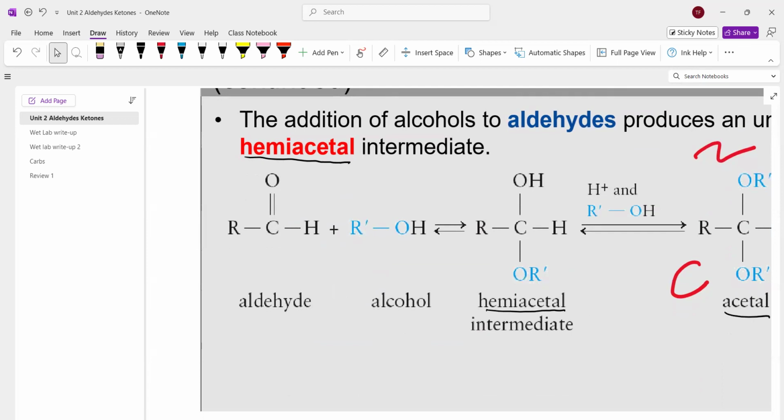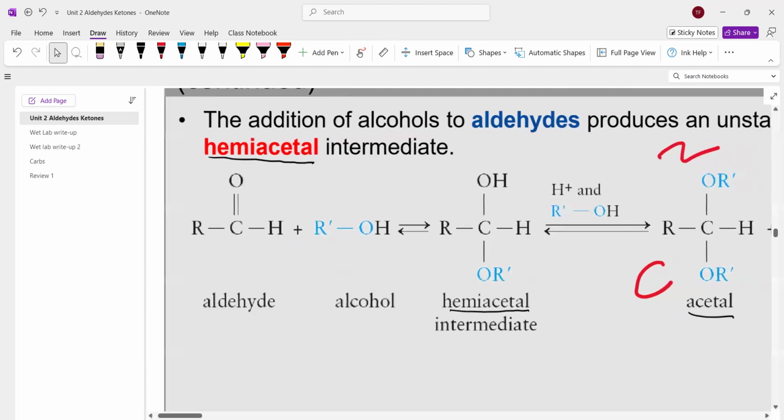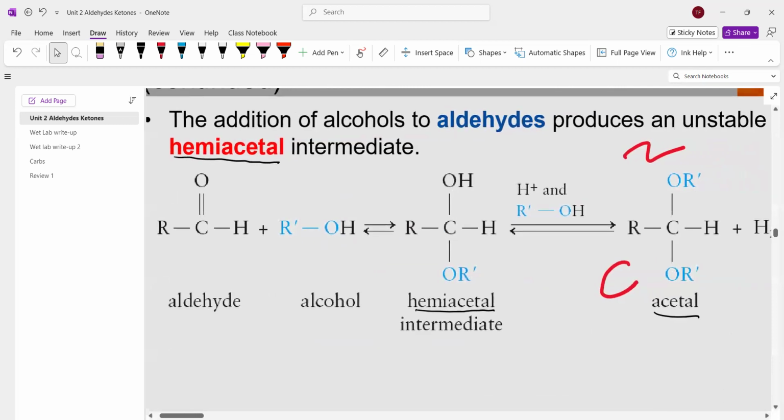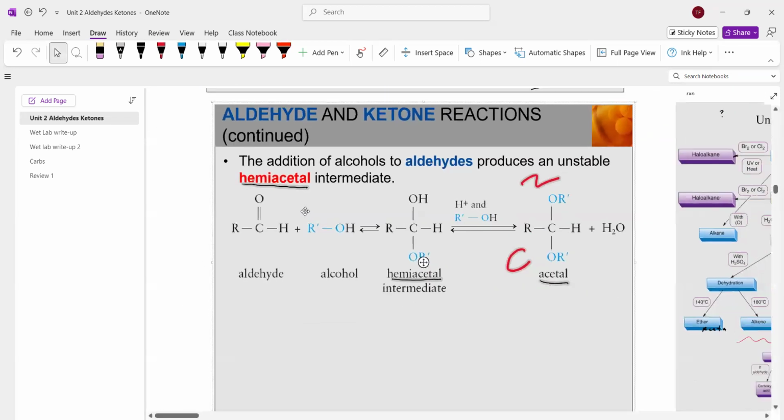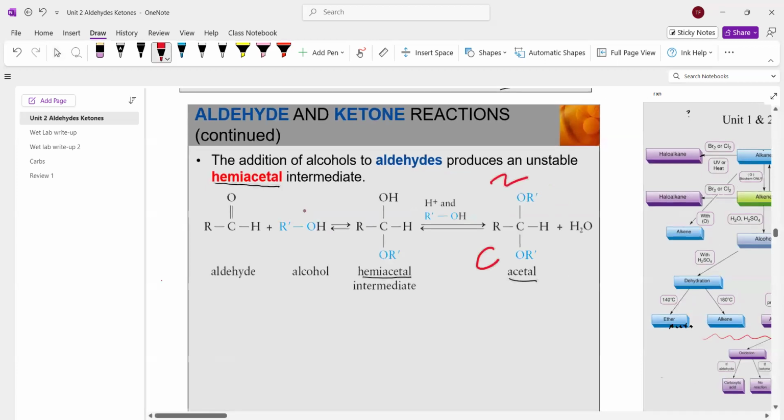This is a series of reactions you get. Any aldehyde plus an alcohol will form first a hemiacetal, and then it'll continue on to the full acetal.